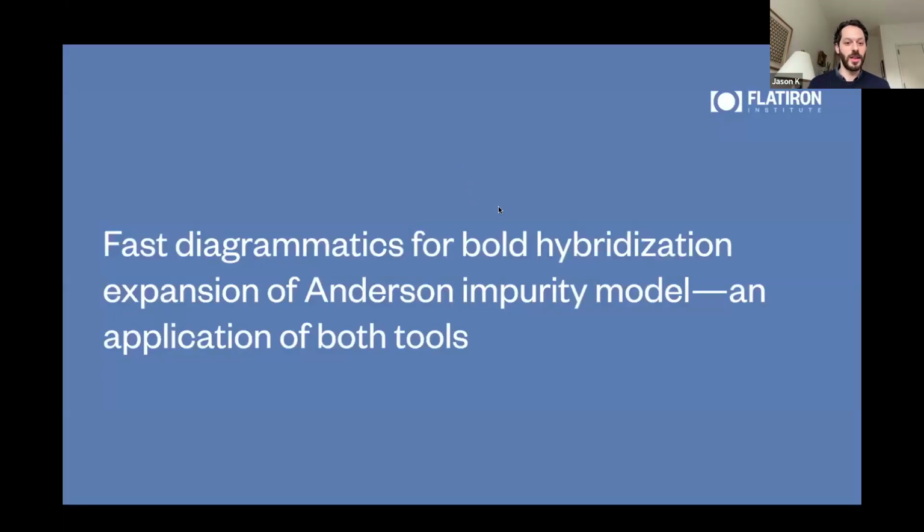So how am I going to use all of this? Well, this application is nice because I'm actually going to use both of these technologies in two different parts of the algorithm. So you'll actually see examples of when to use one and when to use the other.